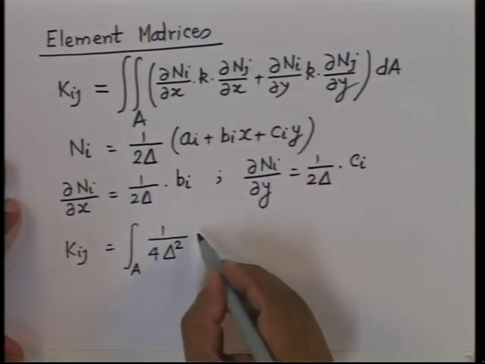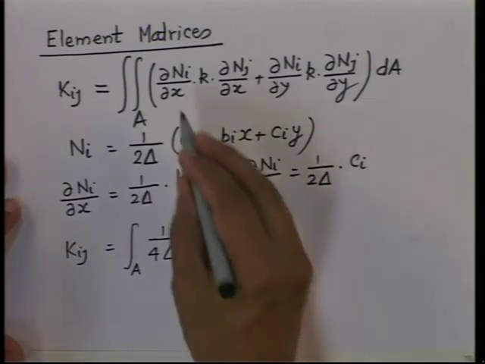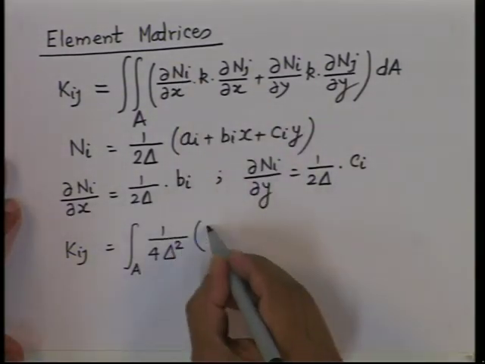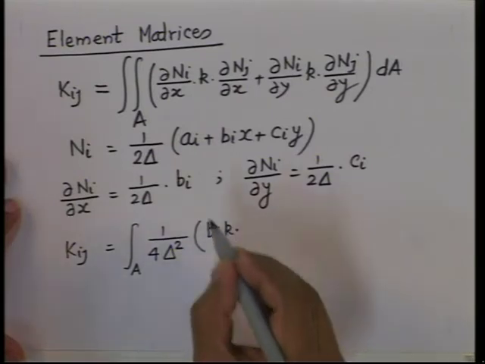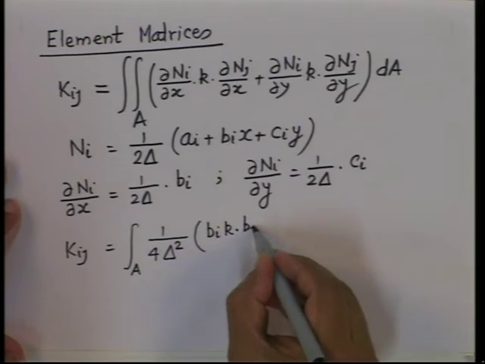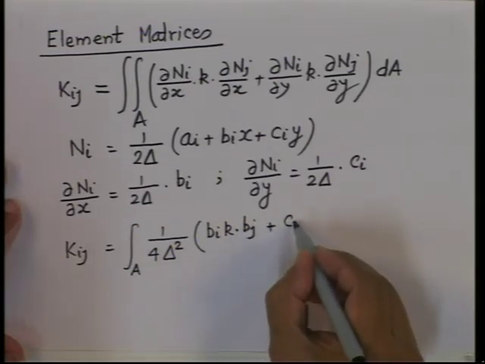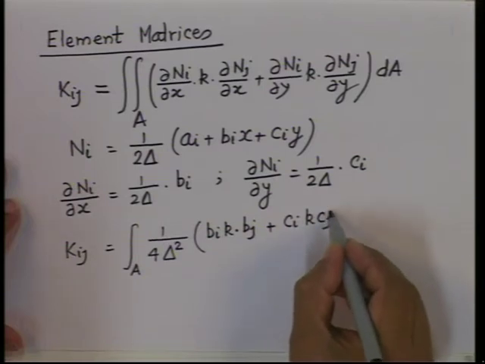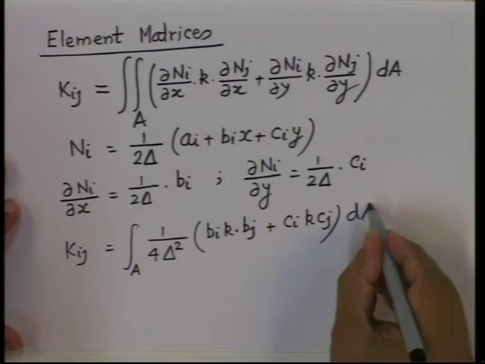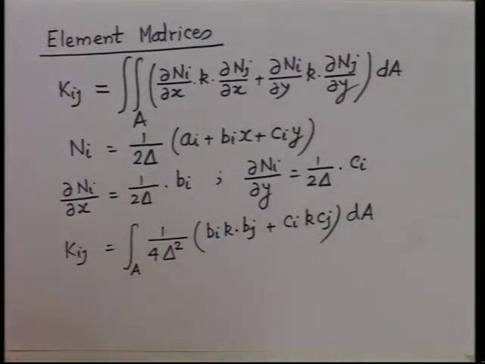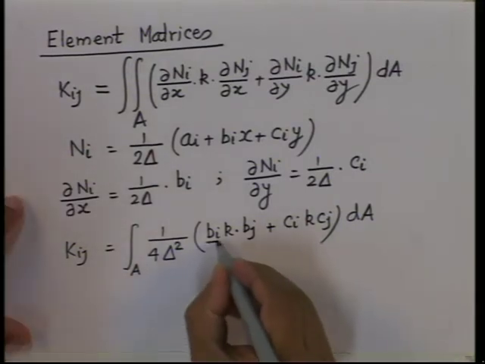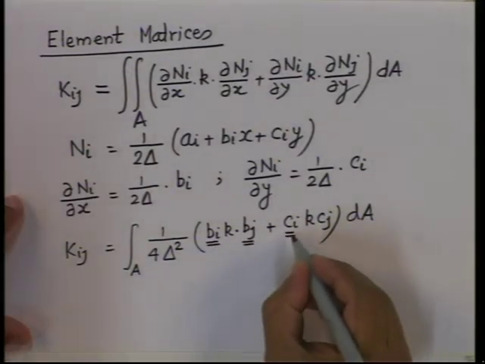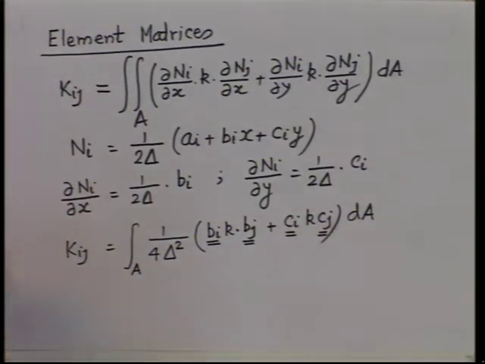Because the product gives b_i k b_j plus c_i k c_j. Now you see, these are all functions of coordinates, that means they are all constants.